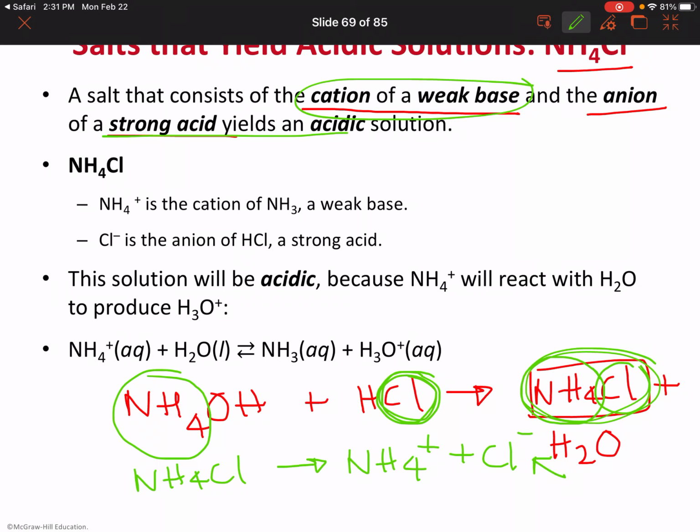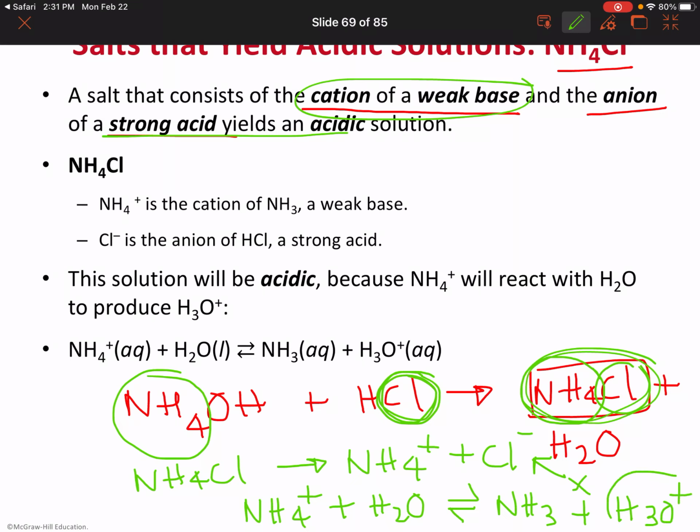Chloride ion, since it's an anion of a strong acid, is not going to react with water. But ammonium ion is going to react with water: ammonium plus water makes ammonia plus H3O plus, hydronium ions. That will make it an acidic solution. This is the equation I just wrote: ammonium ions with water forming ammonia and hydronium ions. So this solution will be acidic because ammonium ion reacts with water to produce hydronium ions. Okay.